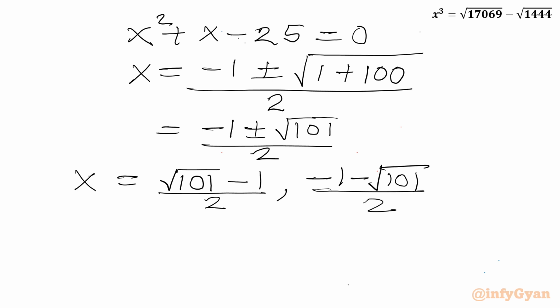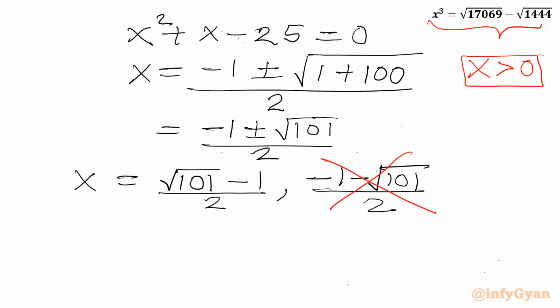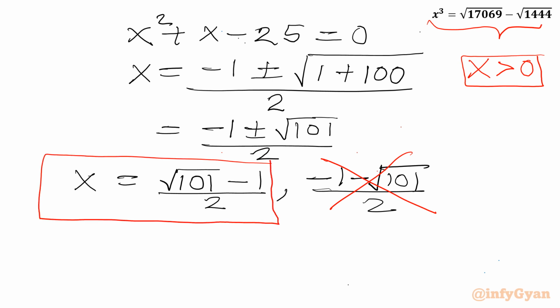Now there was a condition on x. This x must be always greater than 0. As x cube is positive, so x must be positive for real solutions. So we will reject this solution. So the accepted x value will be square root 101 minus 1 over 2.